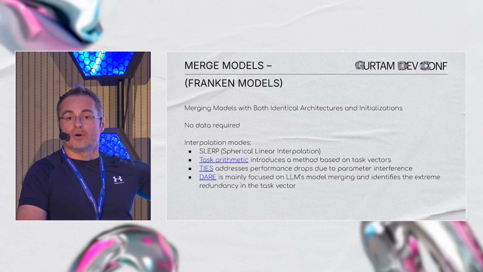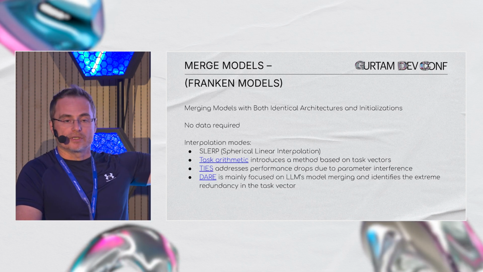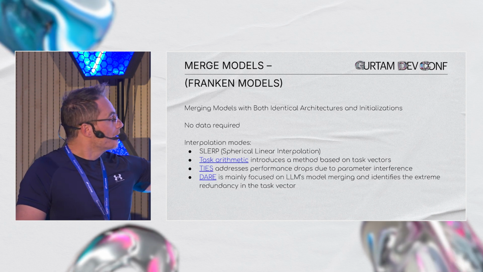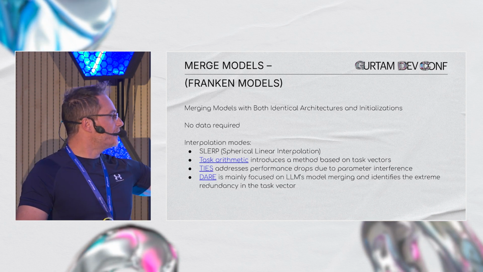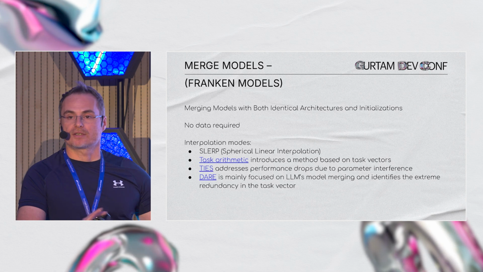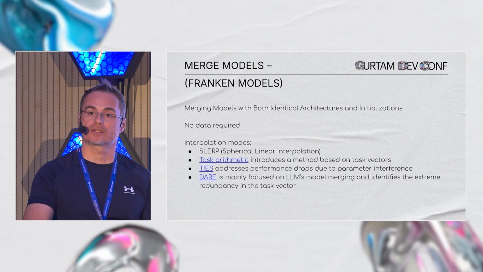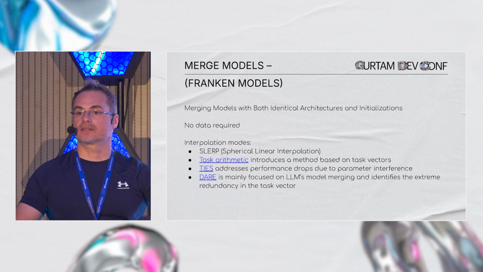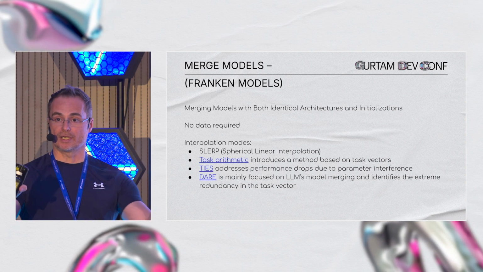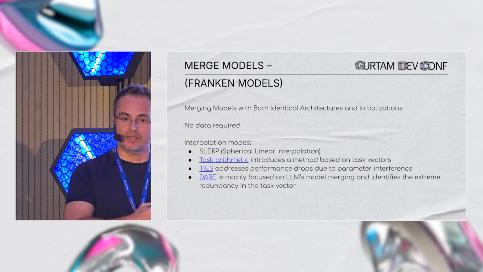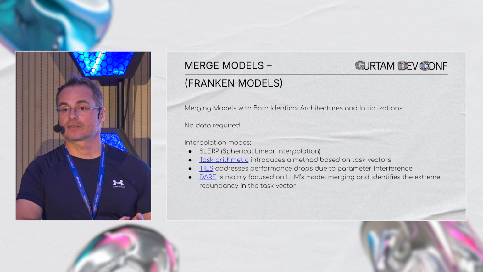When you use this tool that is named MergeKit, you have different ways to merge your models, depending on the situation and the architecture. The easiest case is when you have two models that have the same architecture and the same initializers.